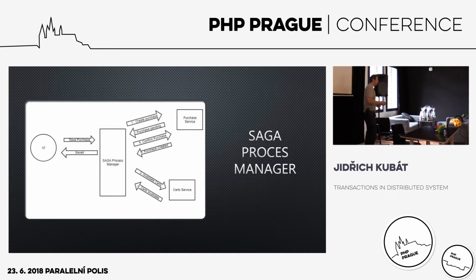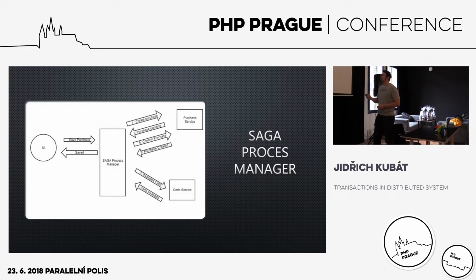The second way how to do a SAGA is to use a SAGA process manager. That's another microservice, for example, that puts the calling of all the services together in one place. Our example looks like this: from the UI, there's one request to save a purchase to our SAGA, and it calls create purchase.